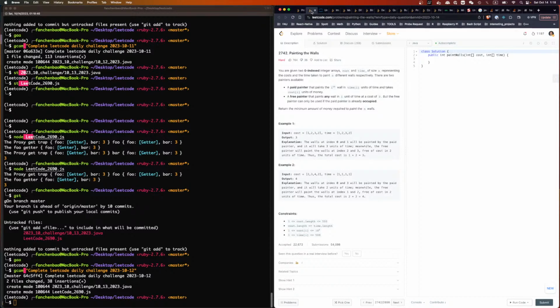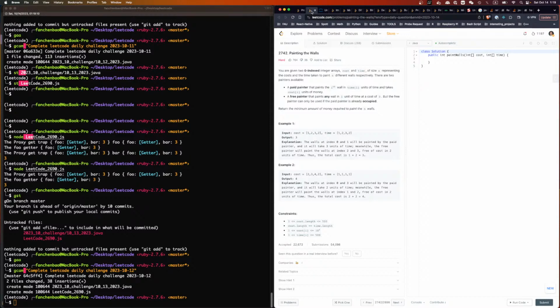A free painter paints any wall in 1 unit of time at no cost, but the free painter can only be used if the paid painter is already occupied. The paid painter is occupied. Return the minimum amount of money required to paint the n walls.